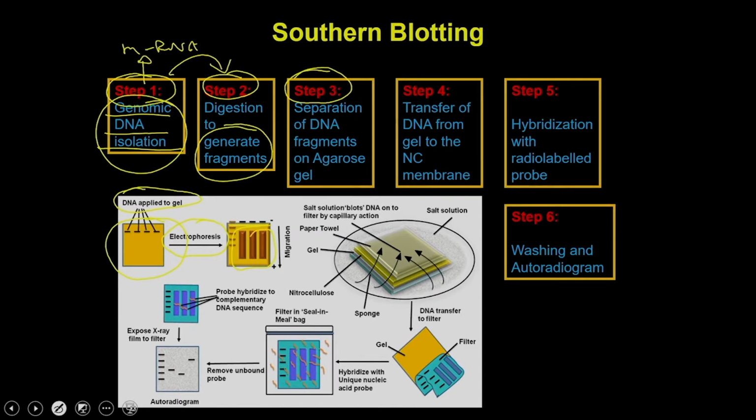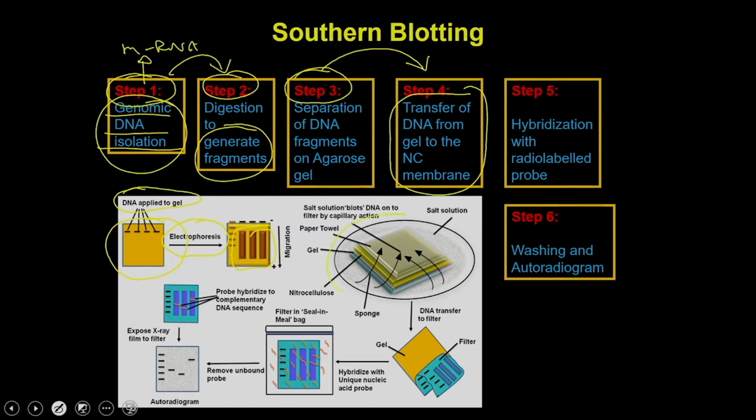If you remember, in the case of the northern blotting, we were using the denaturing agarose gel or the formamide gels. Now, once you are done with this, in step 4 you have to do the transfer of the DNA from the gel to the nitrocellulose membrane.